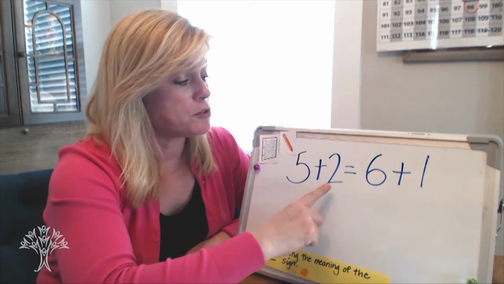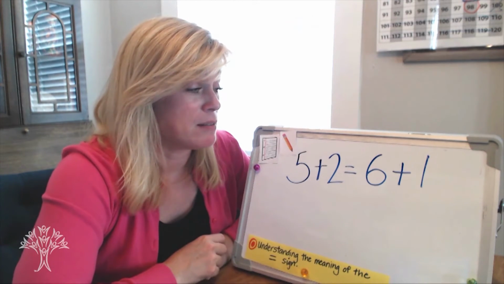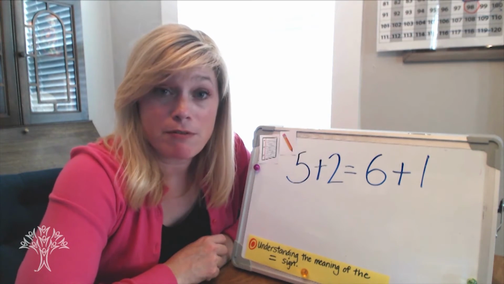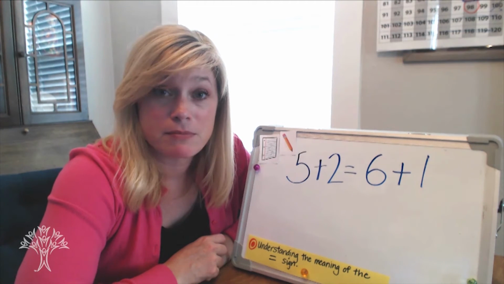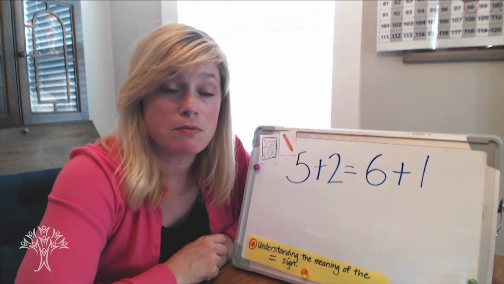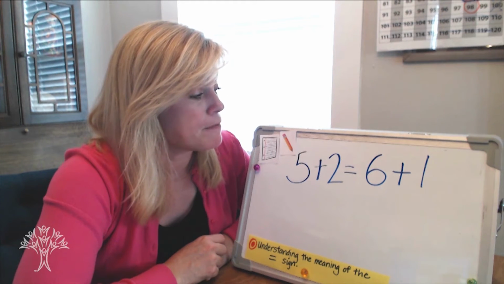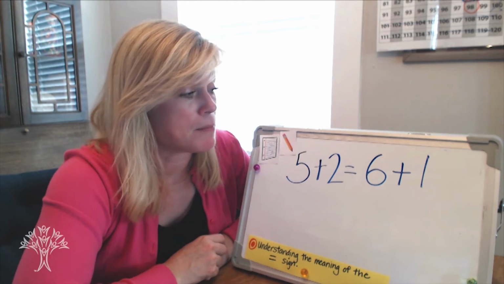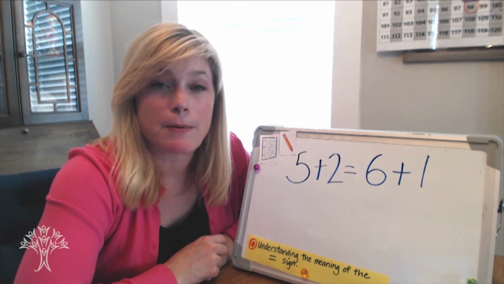So 5 plus 2 is the same as 6 plus 1. Is that true or false? So take a moment, maybe talk about it with someone next to you. Is 5 plus 2 the same as 6 plus 1?